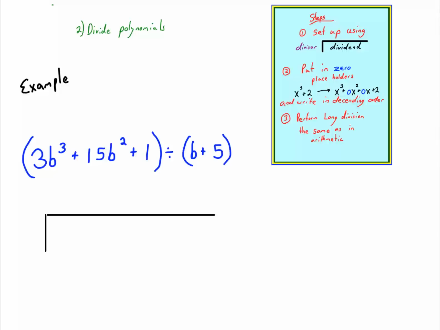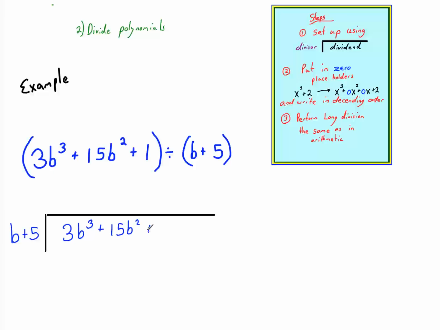First thing is, this is my divisor, so I'm going to put that on the outside, b plus 5, and I'm going to put my dividend on the inside with my placeholder, so that becomes 3b cubed plus 15b squared.